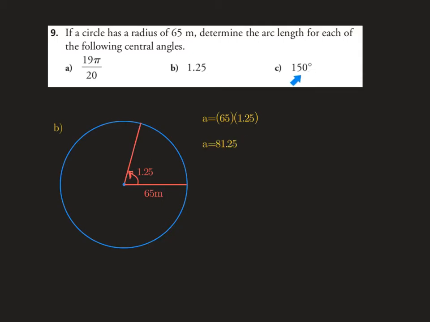Ooh, now we're in degrees. All right, 150 is one of our special angles there. So what is the angle in radians? Well, we know that 30 degrees is pi by 6, right? So 60 is 2 pi by 6, 90 is 3 pi by 6, 120 is 4 pi by 6, and 150 is 5 pi by 6.